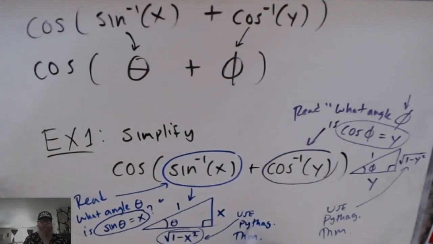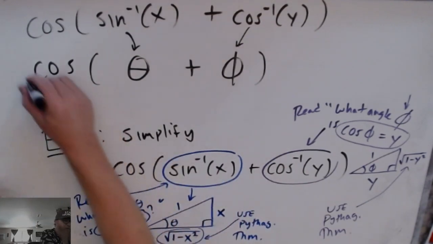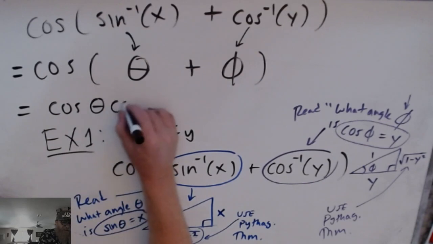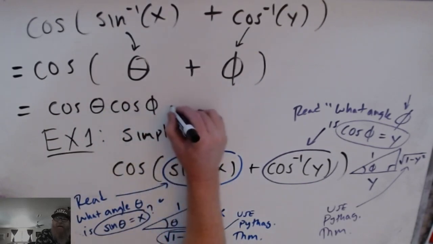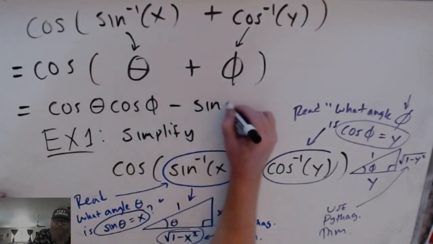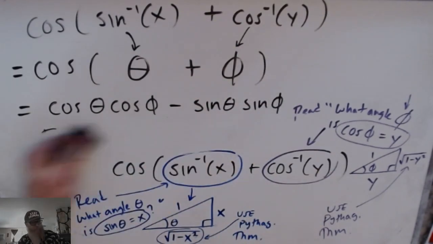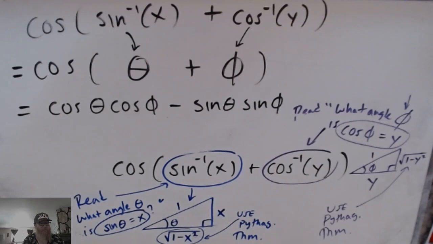This is a substitution. So now I'm going to use my sum formula. That's going to be cosine theta, cosine phi, minus sine theta, sine phi. It's the sum formula for cosine.